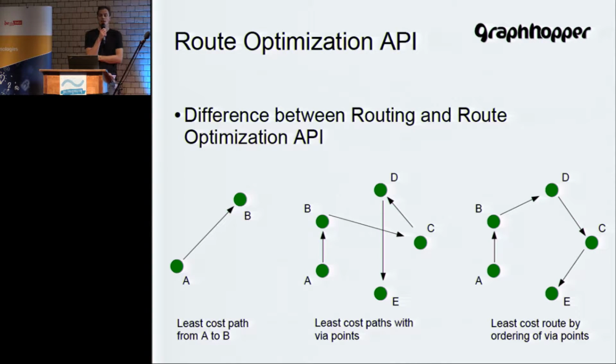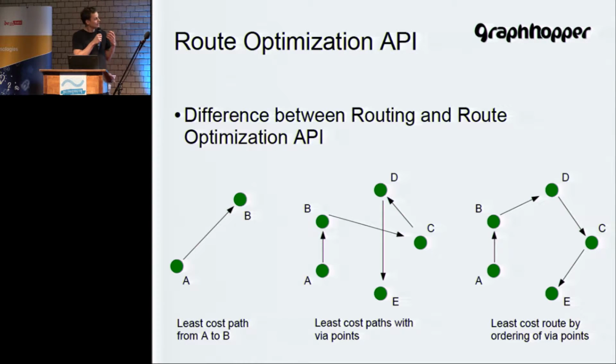The routing API solves least cost path problems, that is point-to-point problems. For example, the least cost path from location A to location B. And it can also deal with several locations if you specify the sequence of these locations in advance.